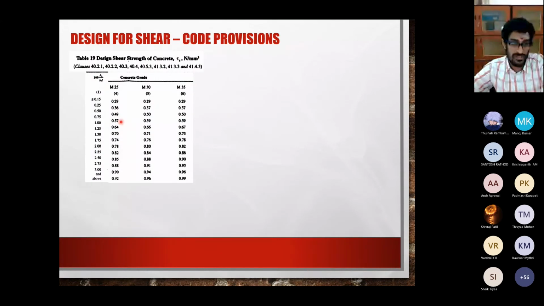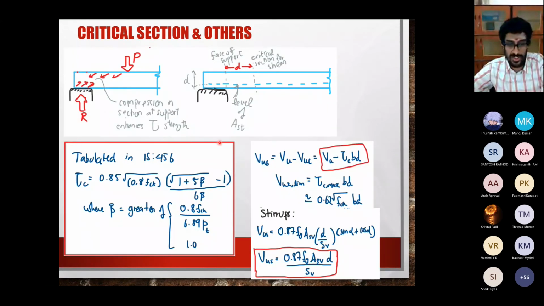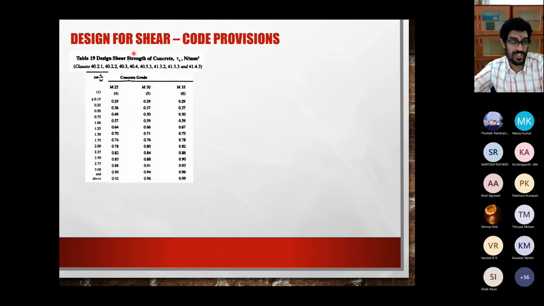So I showed you a formula here. This whole thing is actually tabulated in IS 456 in this way. Depending on the grade of concrete and the percentage of steel, you have the values of tau c, or the shear strength of the concrete. Look at the values. It's all point something.